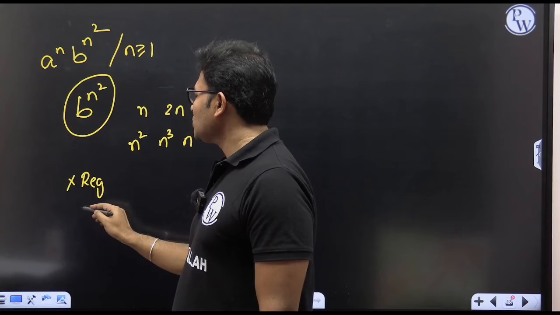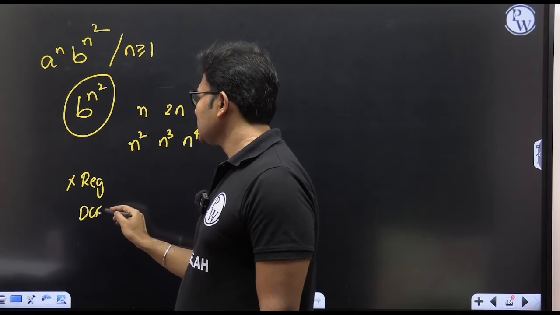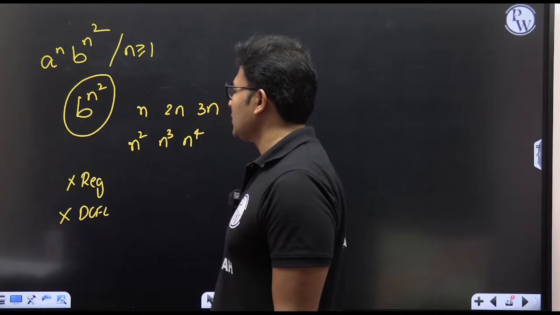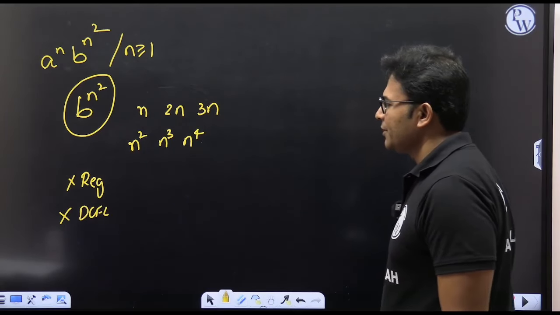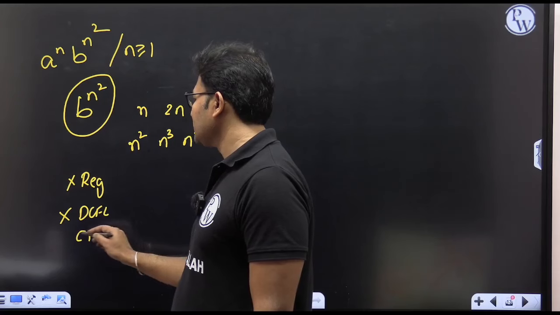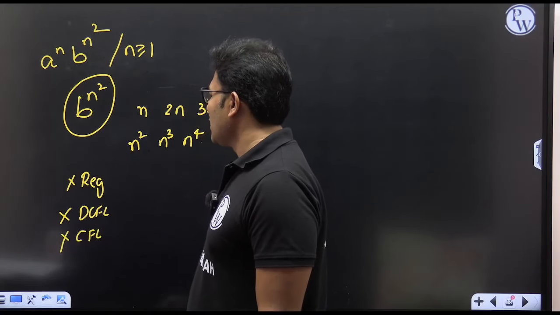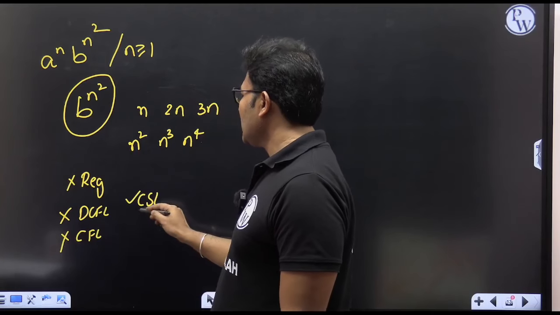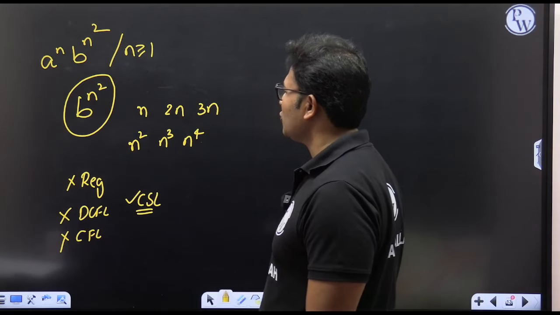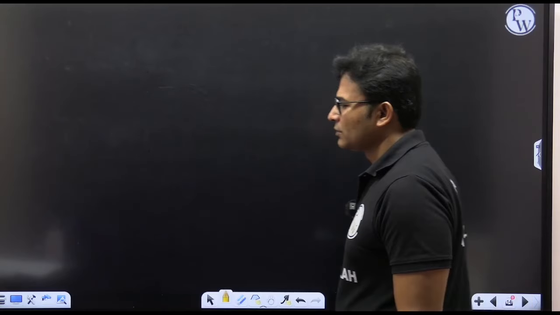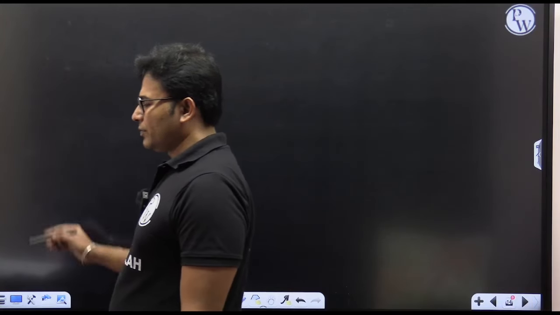And PDA also cannot do it. Therefore, it is not DCFL, and also it is not CFL. CFL also cannot do this, right? But this is CSL. CSL will be able to do it. Later, we will see how CSL will be able to do it.